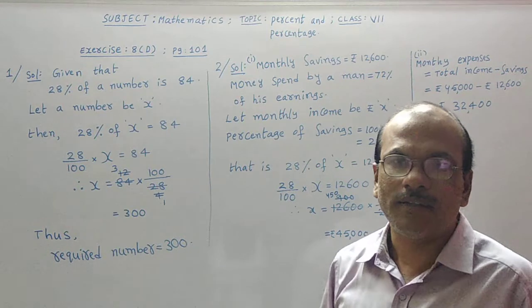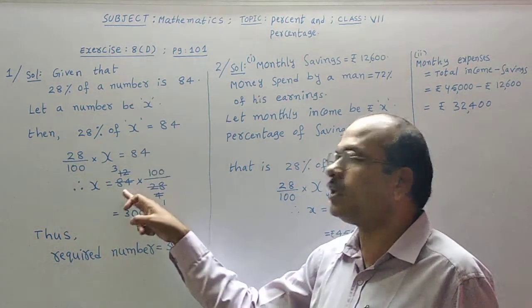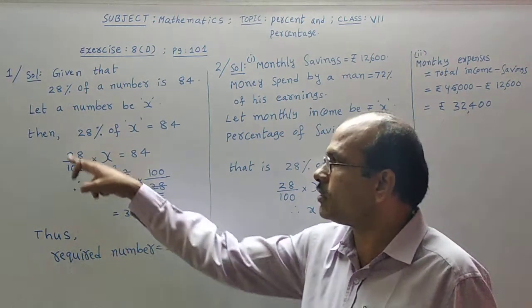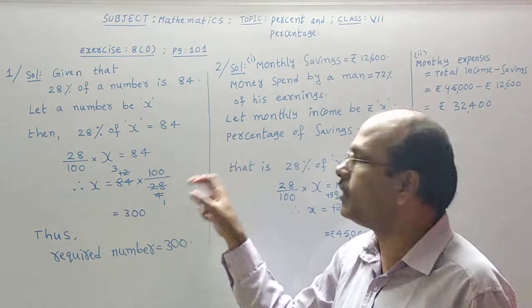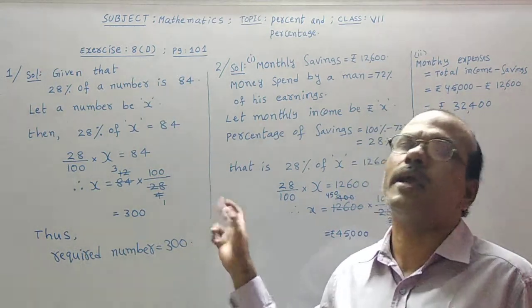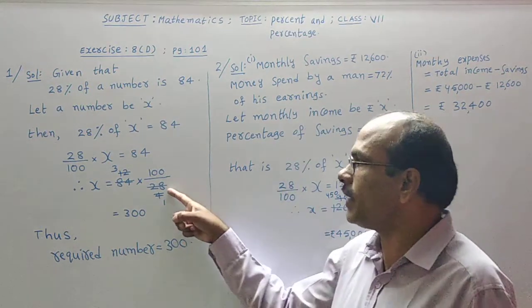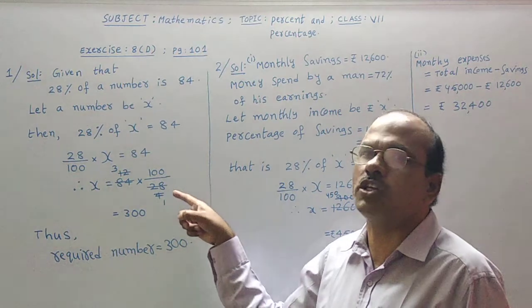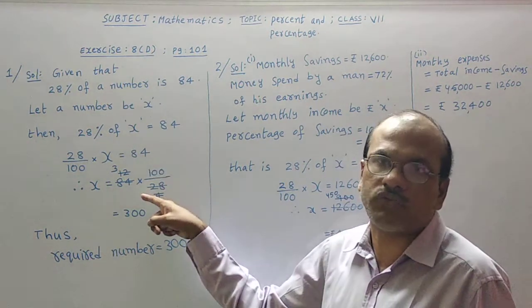Am I correct? Let us find x. Therefore x is equal to 84, and this 28 by 100 I have shifted to the right hand side. Then its reciprocal, 100 by 28, I have to write. You all know about it. Then I have cancelled with the seventh table: 7 4s are 28, 7 12s are 84.